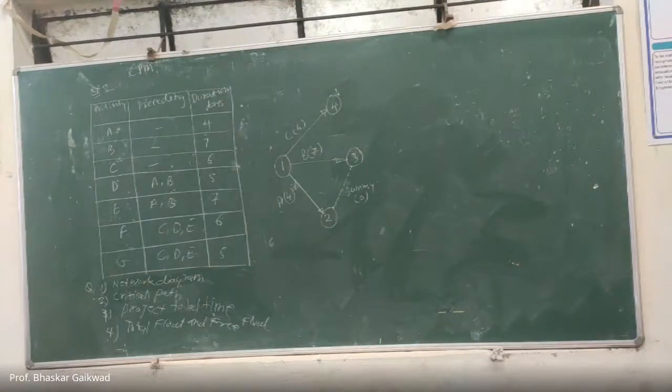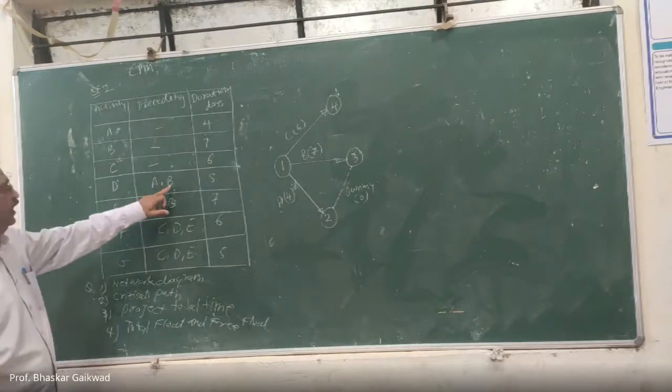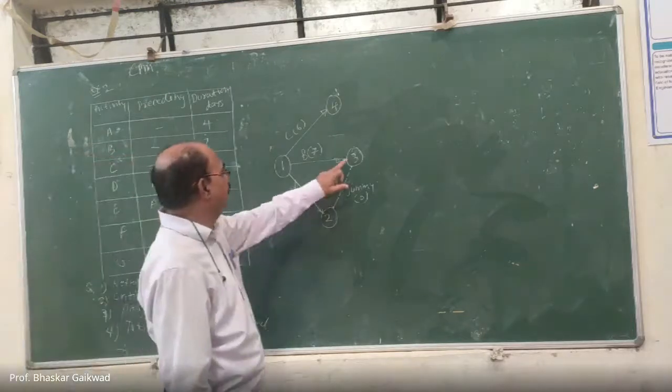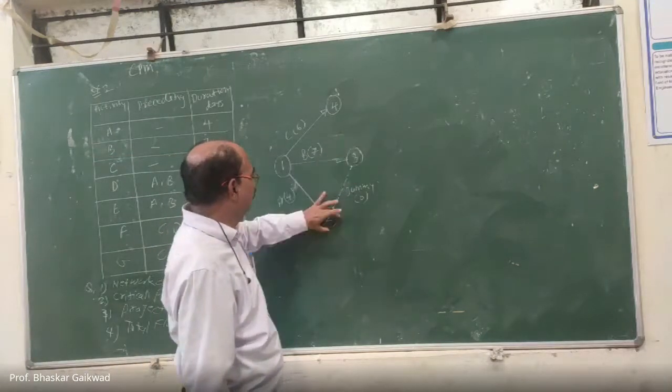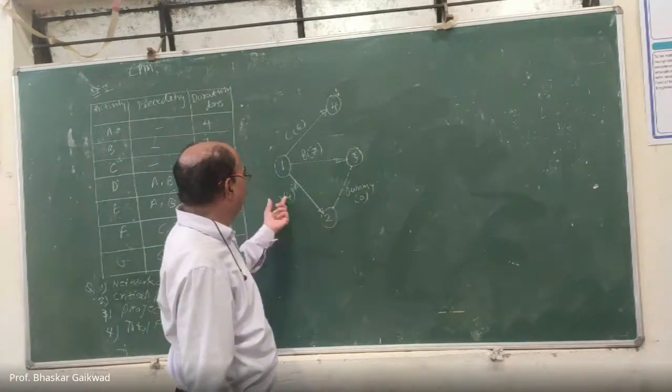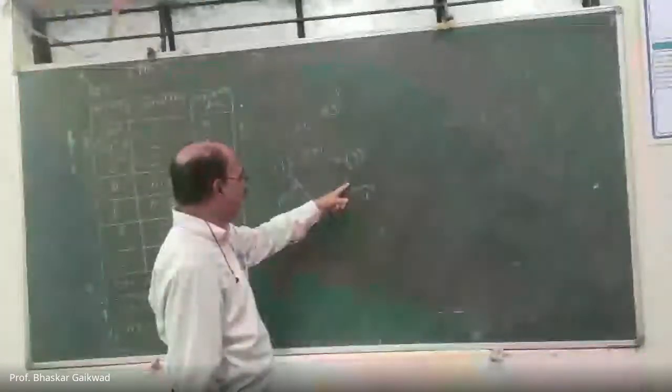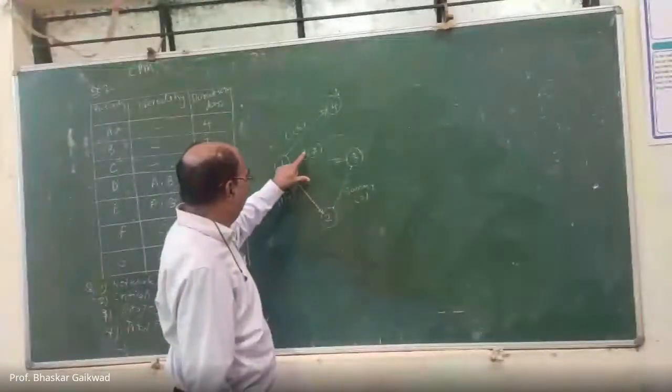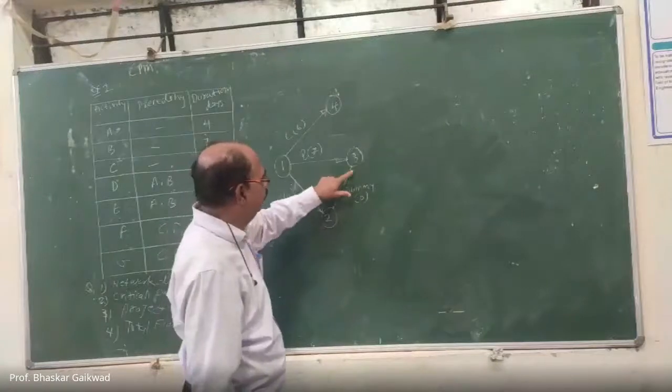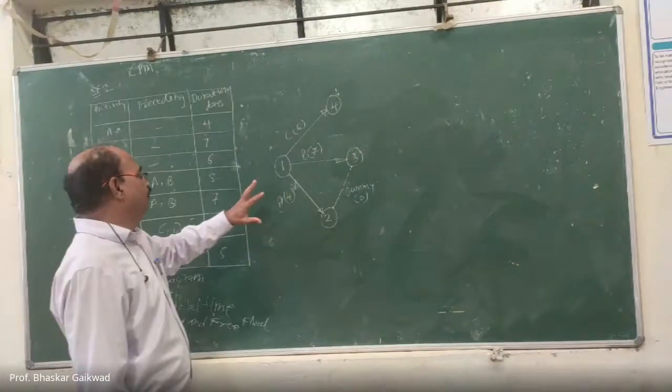We can start A and B either from this node or this node. A and B will combine here by using a dummy activity, or B and A will combine here by using a dummy activity. Now D will start from AB.